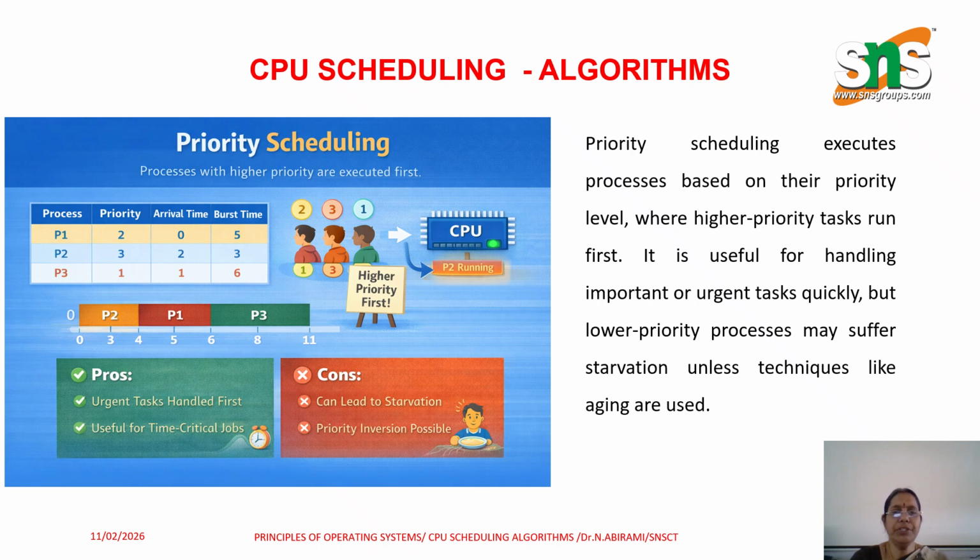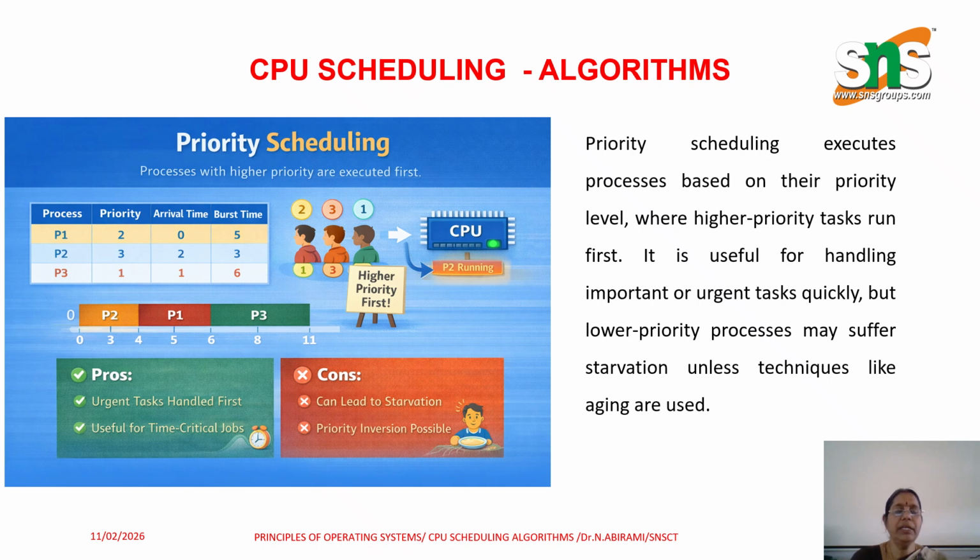So in order to ensure that priority does not make a process go into starvation, go with other principles or techniques which ensure fairness for the jobs to be processed. An example quoted here is the three processes P1, P2 and P3 with their priority being 2, 3 and 1, arrival times being 0, 2 and 1 and the burst times 5, 3 and 6.